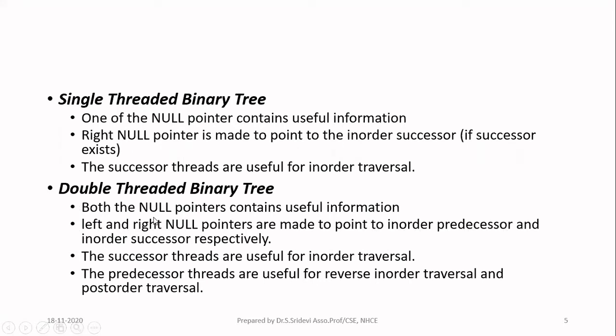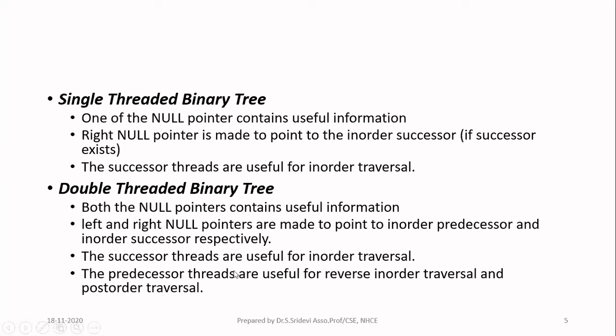The successor threads are useful for in-order traversal and the predecessor threads are useful for reverse in-order traversal. Reverse in-order traversal means whatever is the in-order traversal, print it in the reverse direction.